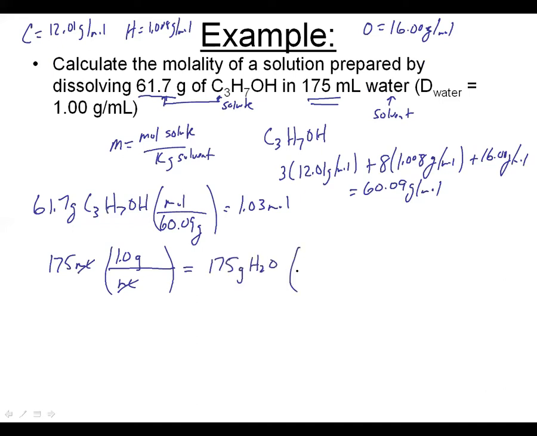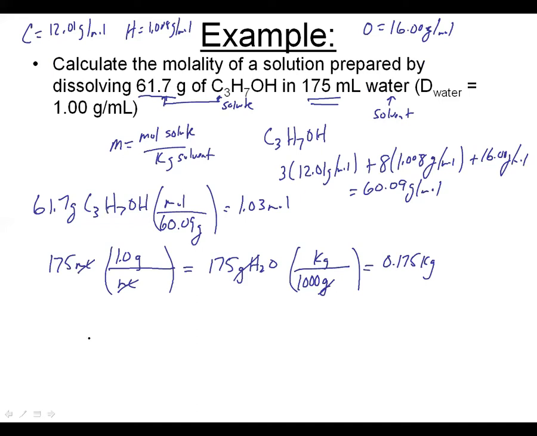We don't need it in grams, but we do need it in kilograms. There are 1,000 grams in a kilogram, so those are going to cancel, and basically we just move the decimal place over 3 places. That gets us 0.175 kilograms.